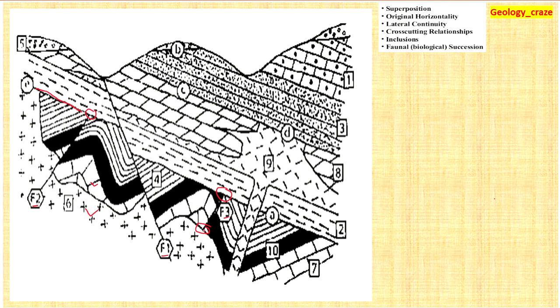Some local faults are present within the layer and do not go up. So two conditions exist here. We have to interpret whether this granite is older or this folded sedimentary sequence is older. If we are able to tell that, then we can easily interpret where F3 is and where F2 is.